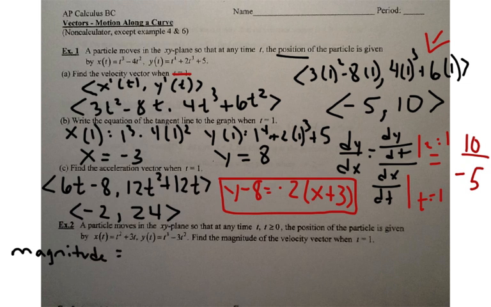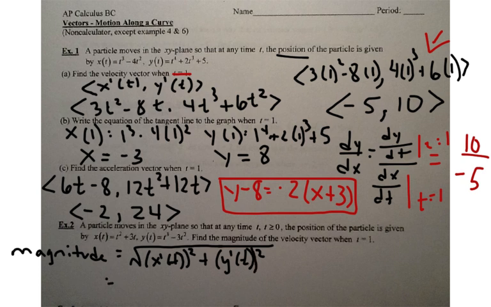which you need to know: square root of x prime of t, that's the derivative of your x of t equation, squared plus y prime of t squared. Should look kind of familiar from pre-cal, kind of stemming off of your Pythagorean theorem.